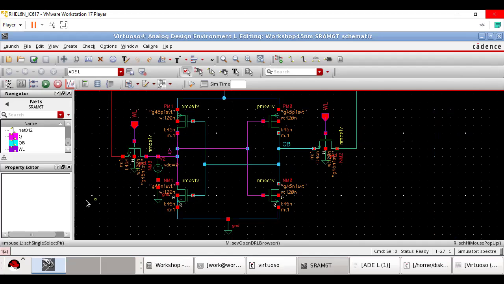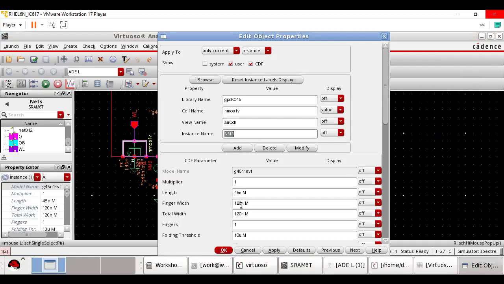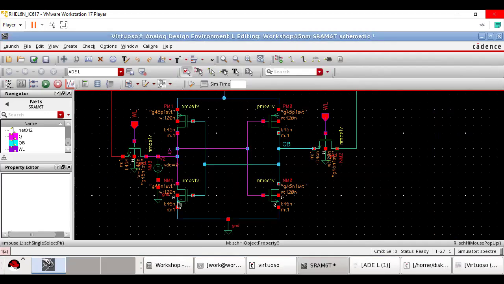You see, I increase the width of this transistor. Let us say it is 120 nanometer. I get it to 240 nanometers. I've just doubled the width.